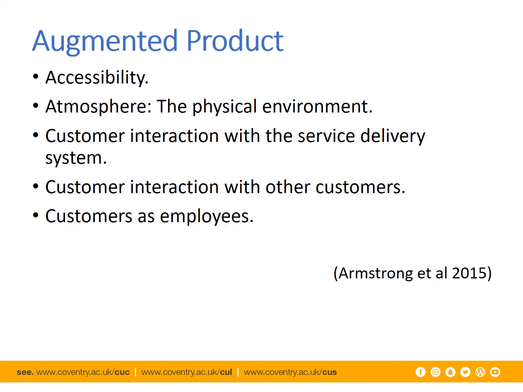Augmented product, in terms of, is it accessible? In terms of the atmosphere, the physical environment, the customer interaction with the service delivery in a system, the customer interaction with other customers and employees.